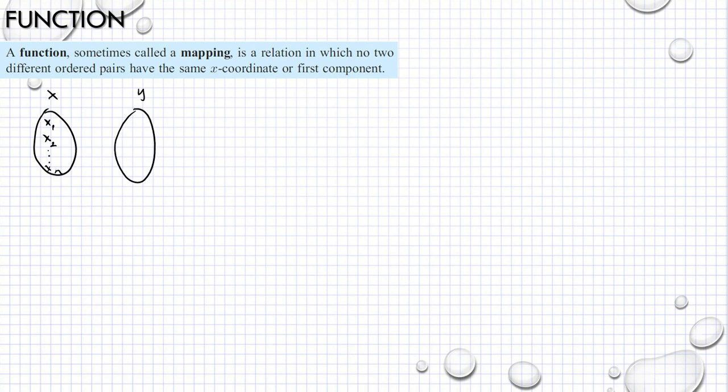We do the mapping to what they call y sub 1, y sub 2, and so on to y sub n, as long as no two different ordered pairs have the same x coordinates. So we have x sub 1 to y sub 1, x sub 2 to y sub 2, x sub n to y sub n. Then this is called a one-to-one relationship, and this is a function.